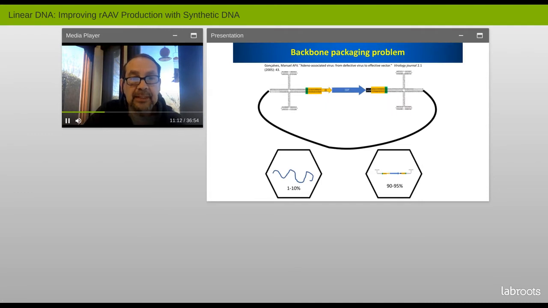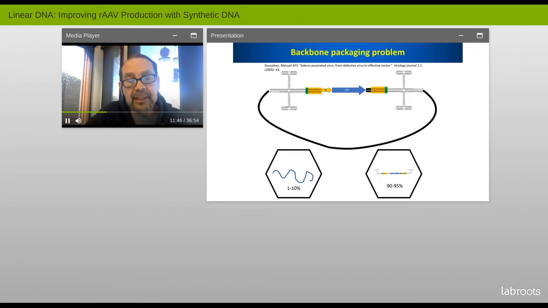So let's go to the next slide and ask a question: why is there contamination in the AAV preparation? I'm showing you an illustration here of a cartoon that shows the AAV inverted terminal repeats illustrated by these T-shaped hairpin structures flanking either side of a reporter gene. And in the bottom, I'm illustrating on the left-hand side the contamination of plasmid sequences inside of the virion compared to the therapeutic vector on the right-hand side.